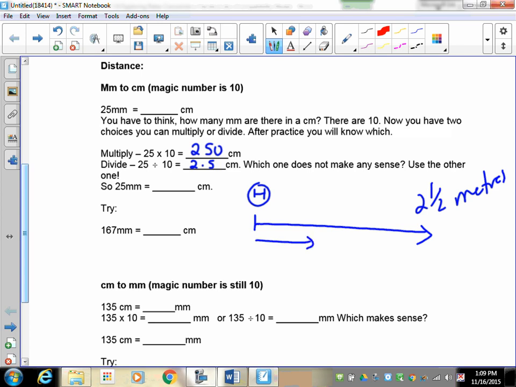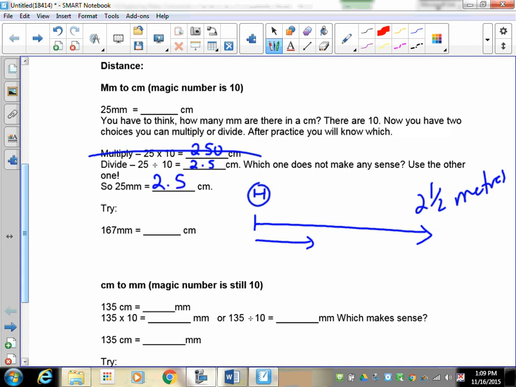It's obviously not true. They can't be 2.5 meter sticks. 25 millimeters is way too small. So this one here does not make sense. By just common sense thinking, you know that 25 millimeters is 2.5 centimeters.